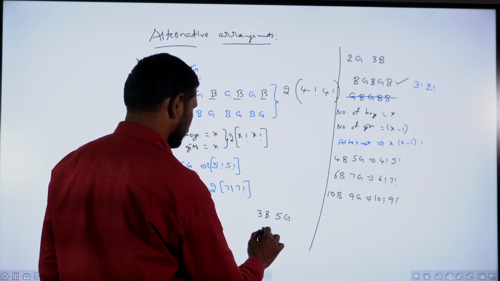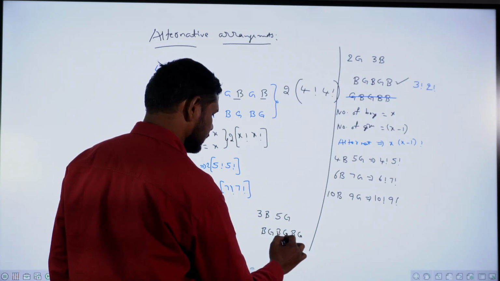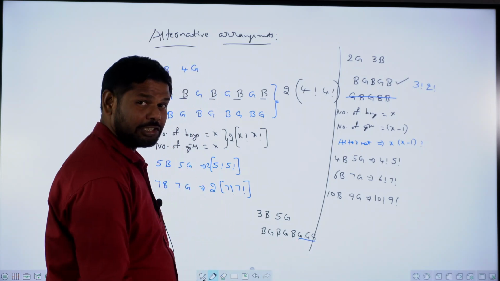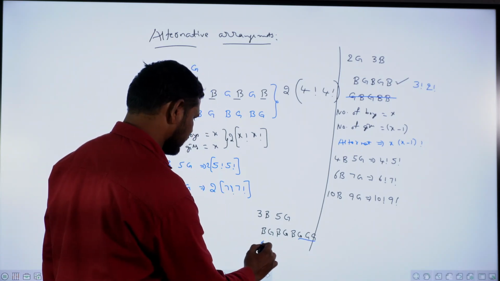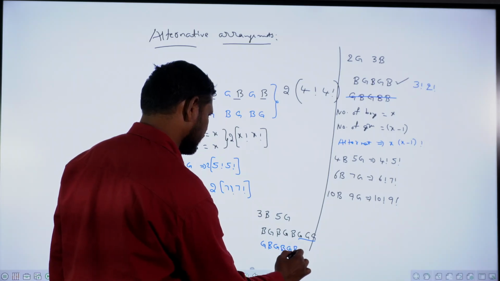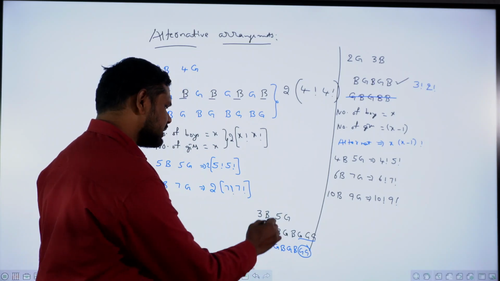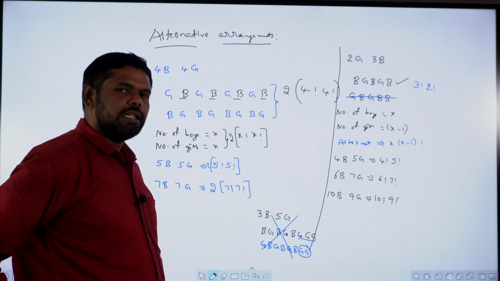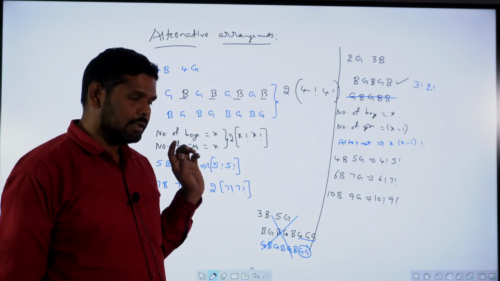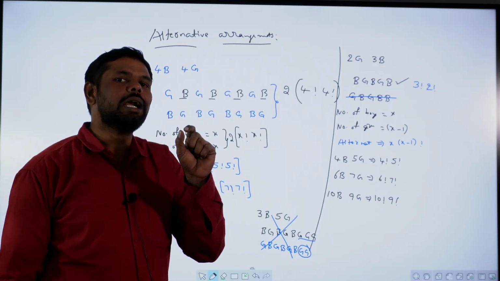Just observe. Boy, girl, and 3 girls are over. Remaining 2 girls. Here, girls are adjacent to each other, not alternate. Suppose if I start with girl and boy, then girl, boy, 3 boys over. Remaining 2 girls are there. If boys and girls differ by more than 1, then it is not possible to arrange them alternatively.